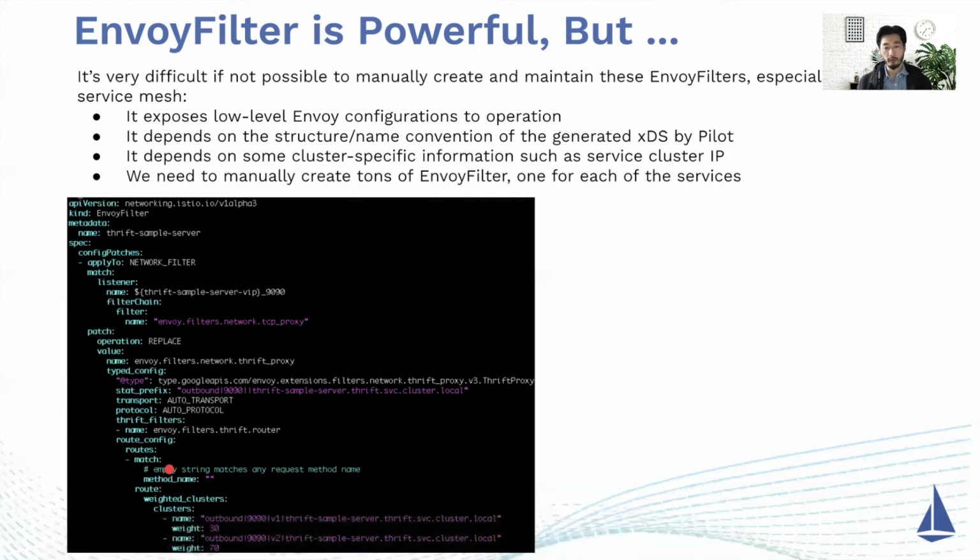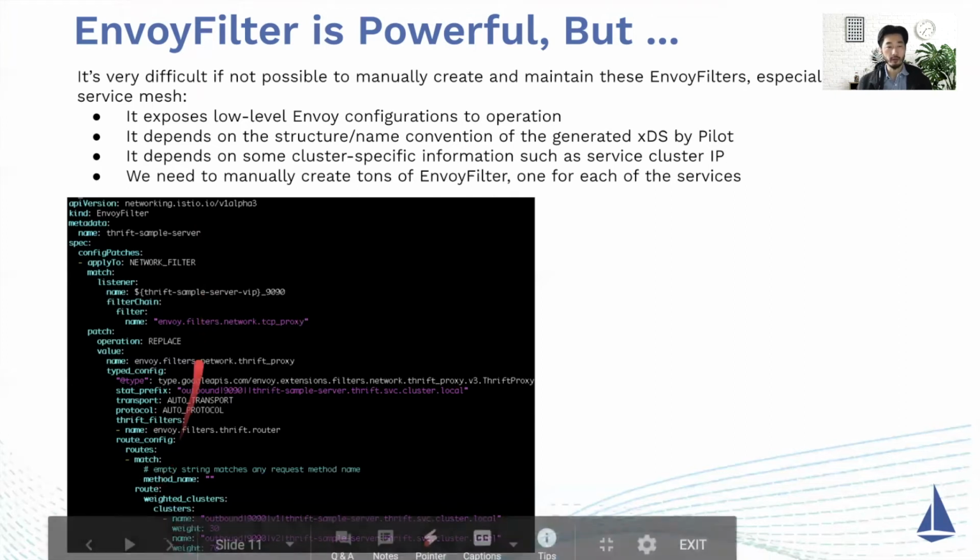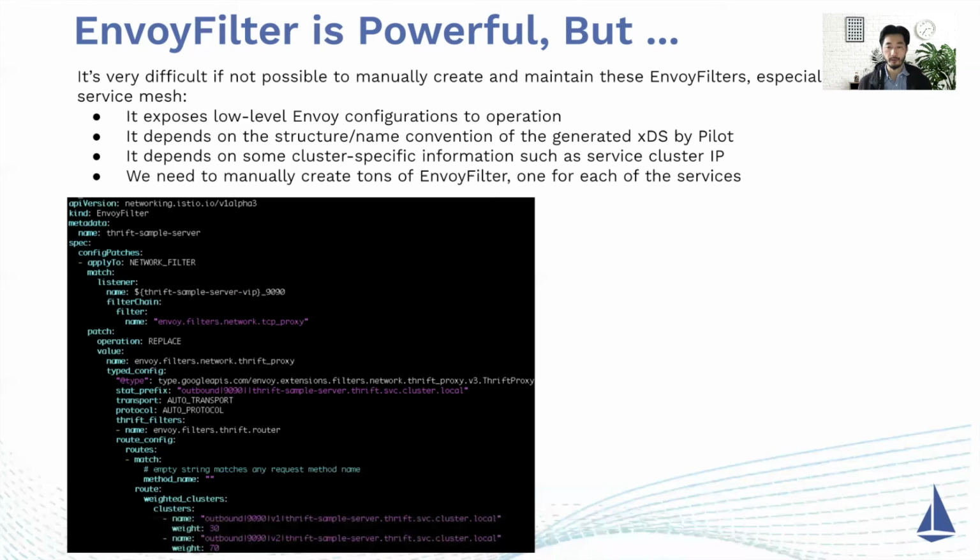To make things worse, some parts of your filter, such as the listener name, depend on cluster-specific information, like service cluster IP, which means the Envoy filter can't be ported across multiple clusters without modification, or needs to be updated after a service has been recreated. Istio can only do very basic validation of Envoy filters, so you can easily break things and cause an outage.